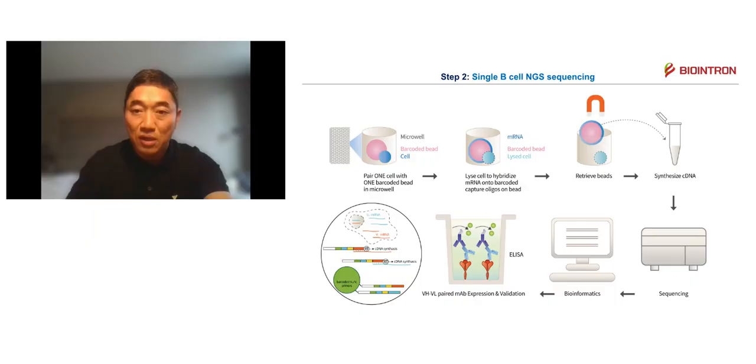When one cell is paired with a barcoded bead, the B cells will be lysed, and the mixture will be retrieved by a magnetic bead field, followed by RT. Then we will get the cDNA.